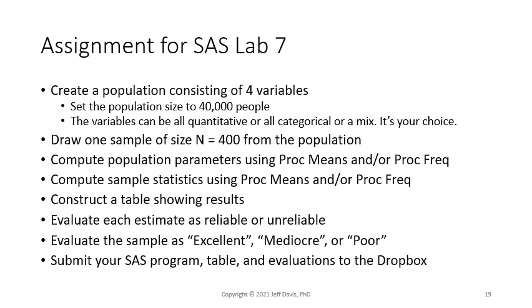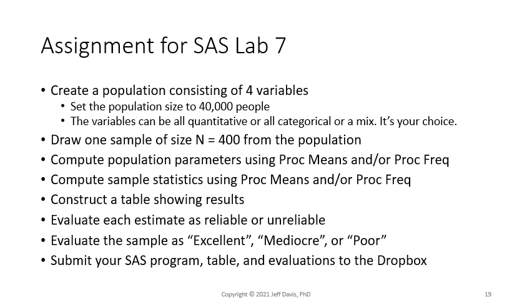You want to draw just one sample of 400 people from that population. So essentially you're drawing 1% of folks from the population of 40,000, a 1% sample. Then, just like we did in the slides, you want to compute the population parameters first, and then come back and compute the sample statistics.